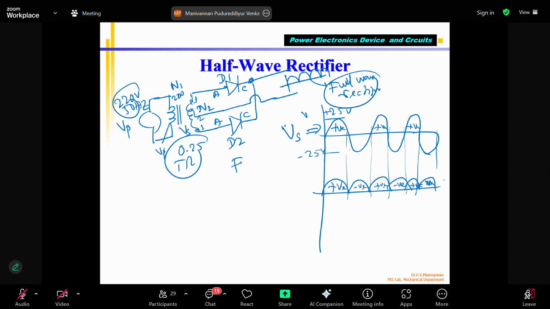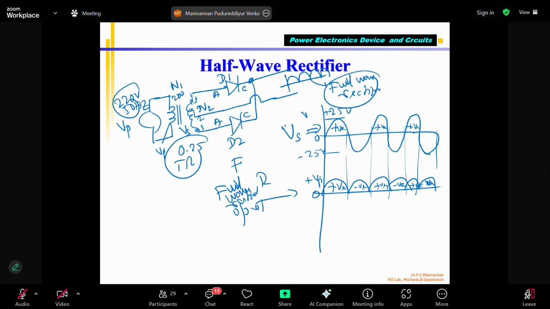This is called the full wave rectifier output voltage. Note down, full wave rectified output voltage. The output waveform is like this. So this is 0 volts. You can see that it goes to positive VP. No negative. So this is called the full wave rectifier signal.